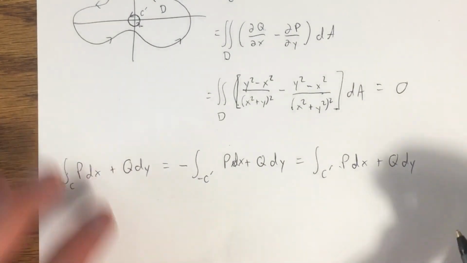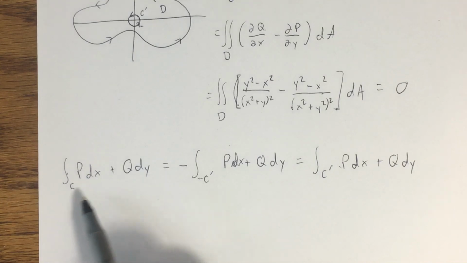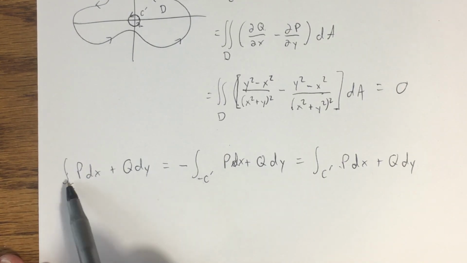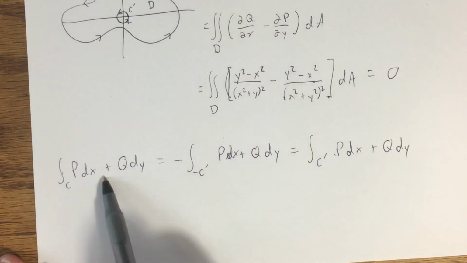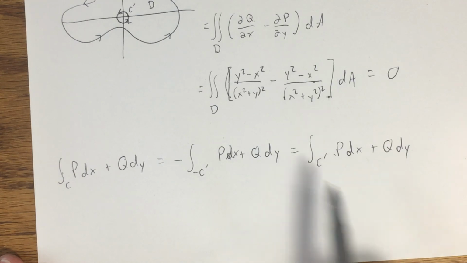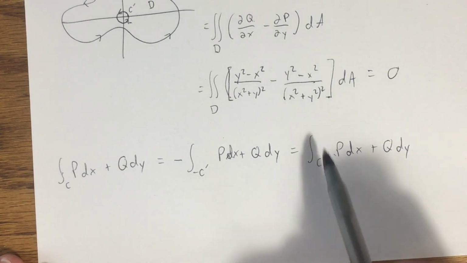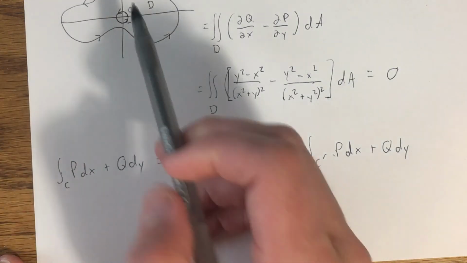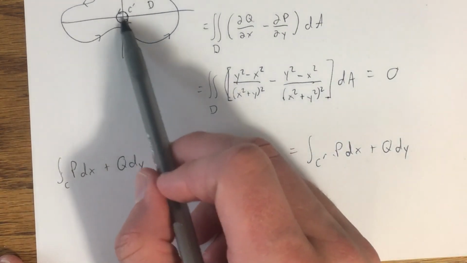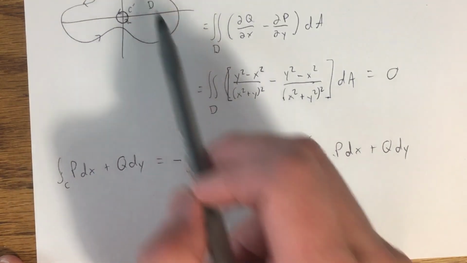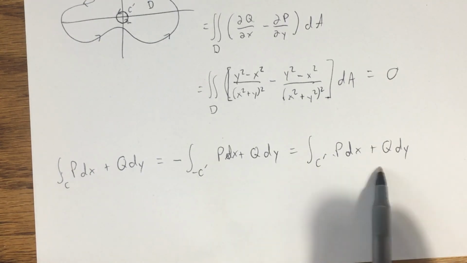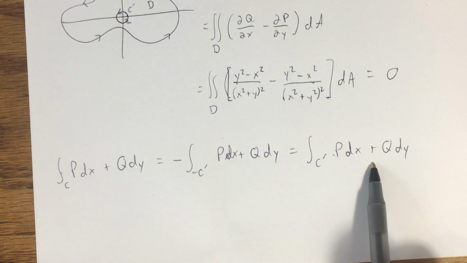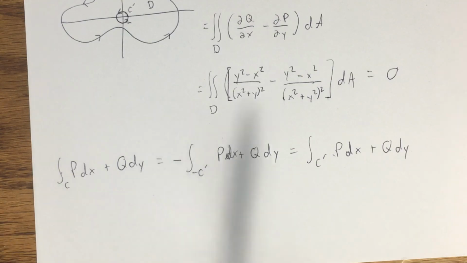So what this shows is that the line integral along the arbitrary curve C, which is the same thing as f dot dr in here, is going to be equal to the line integral of C prime along this little circle right here. Okay, so because this was chosen arbitrarily, any simple closed curve enclosing the origin will have the exact same line integral that this will have. What remains to be shown is that this line integral comes out to 2 pi, and we'll do that part in the next video because I'm realizing I'm running out of time for this one.